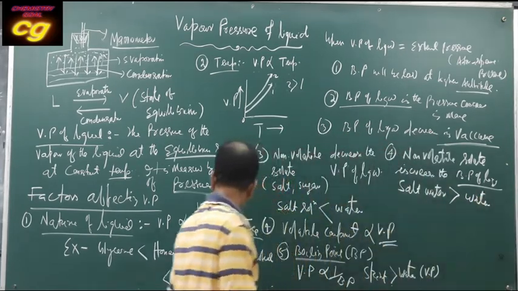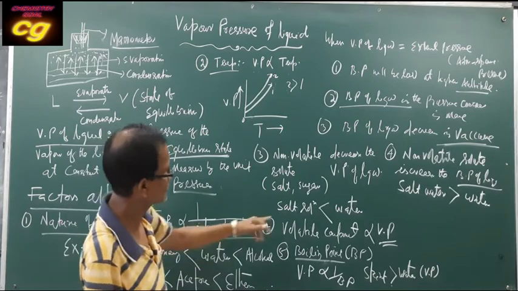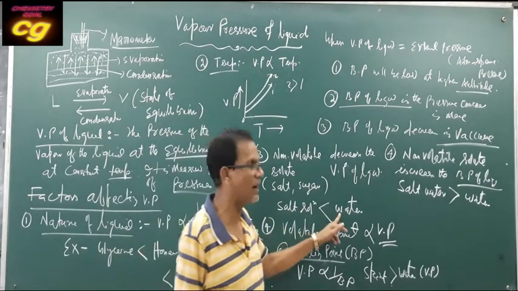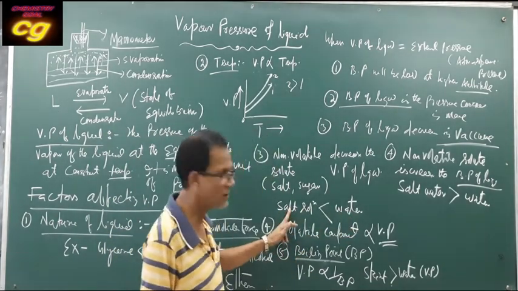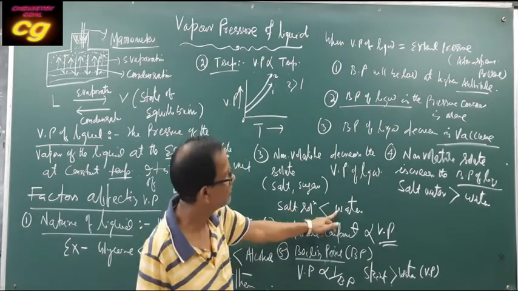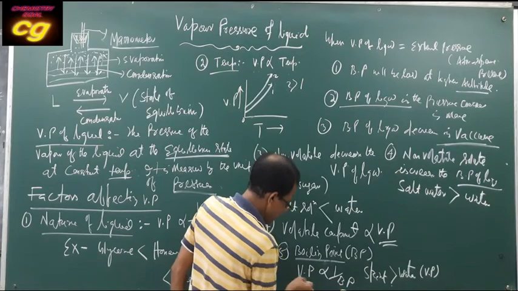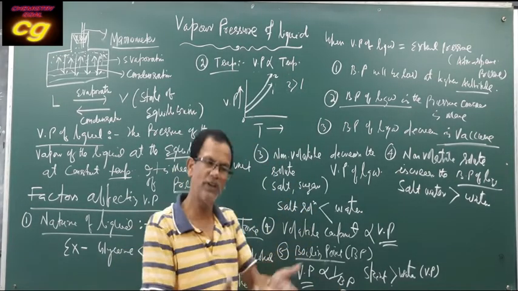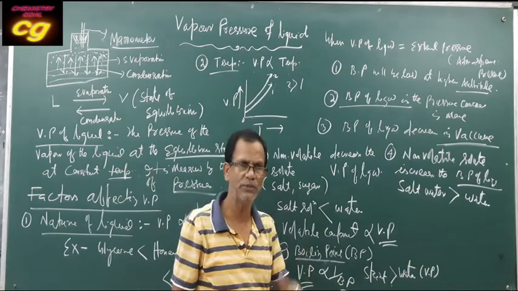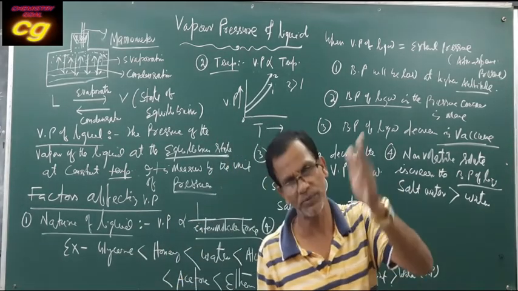But here, we already discussed what? Salty water has a lower vapor pressure. Salt water has a lower vapor pressure than water, but salt water has a higher boiling point than water, because boiling point and vapor pressure are inversely related. Higher boiling point, low vapor pressure. Just opposite. If a liquid has a higher boiling point, its vapor pressure is low.